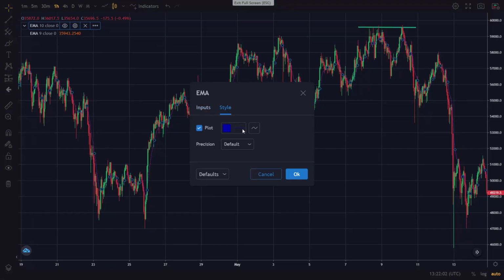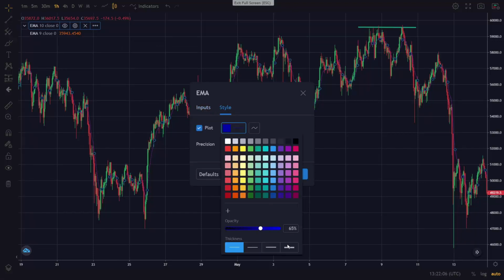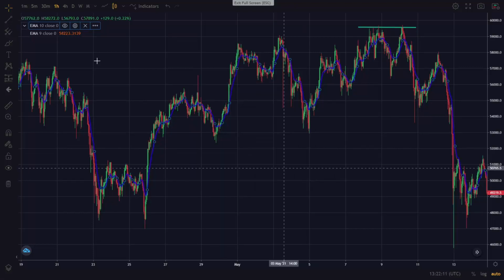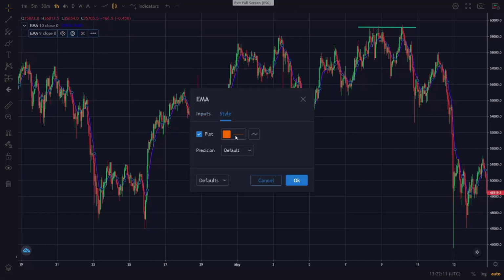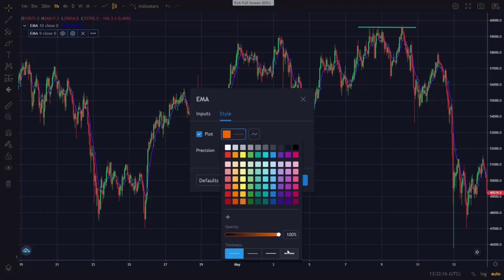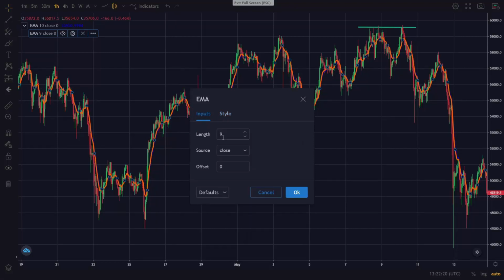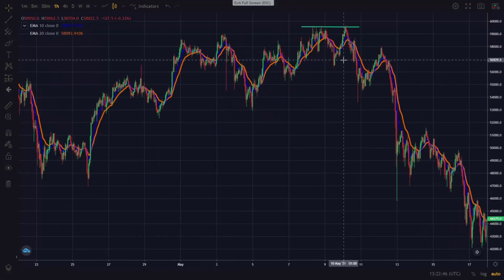Let me make this a bit thicker so that you can see the blue line is a 10 period exponential moving average, and we set this other one to 20. It will be the orange line. As you can see here, the point where the blue one crosses above the orange one and below shows a change in trend.